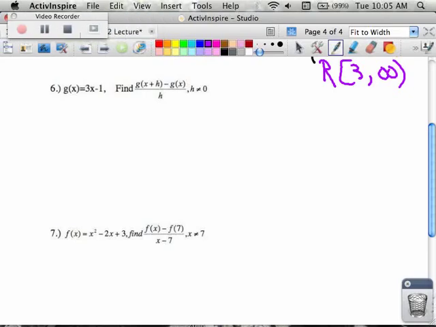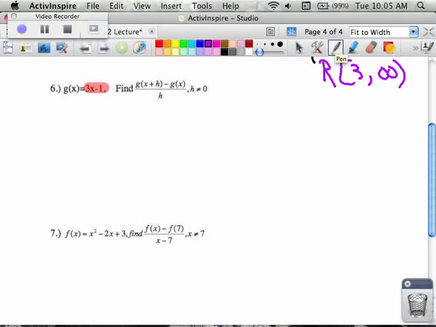Okay, last two. In these next two, for some reason these seem to be a little bit confusing to people, so pay close attention. Whenever you see a letter with a parentheses, it is an instruction to go back and look at the equation. Here's our equation right over here. 3x minus 1. And I'm going to plug the parentheses stuff into that.